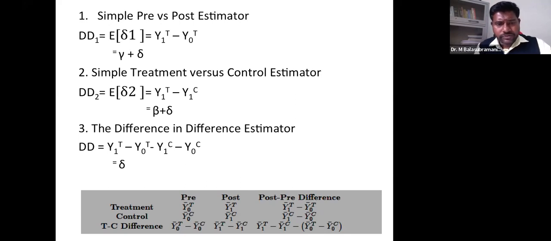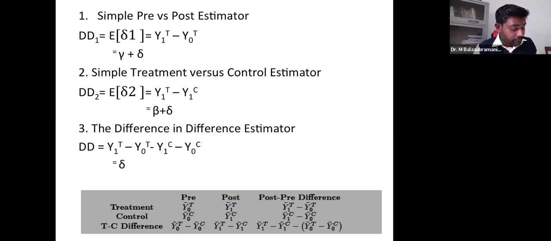This denotes the difference between your technology group and control. Here your time factor and your technological intervention both will be subsumed, or both roles get included.